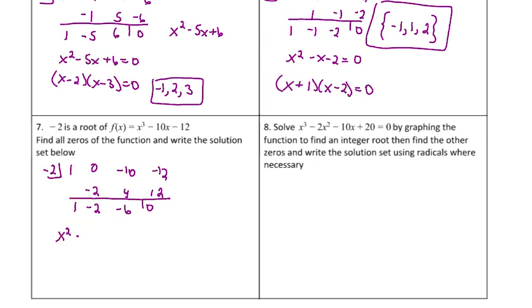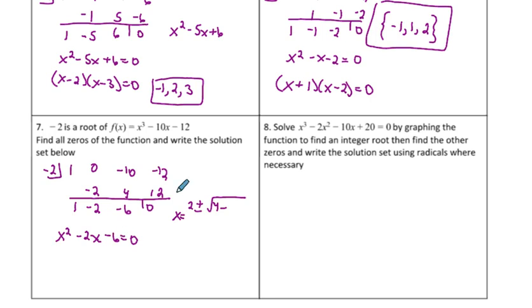And we have x squared minus 2x minus 6 equals 0. So that's a quadratic that cannot be factored. So we need to go to our handy-dandy quadratic formula. So we have negative b, but b is negative 2, so that is positive 2, plus or minus the square root of b squared, which is 4, minus 4 times a times c, 4 times negative 6 is 24.